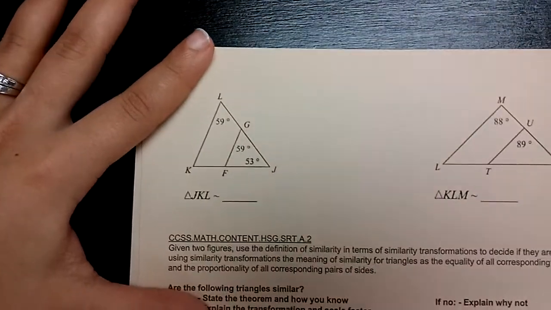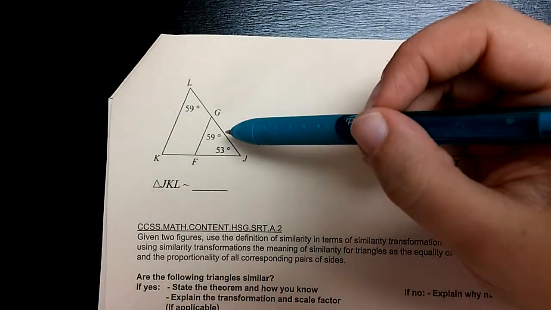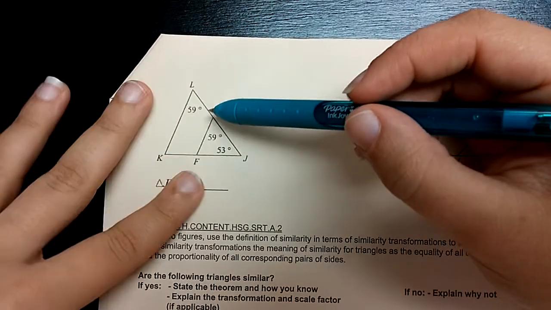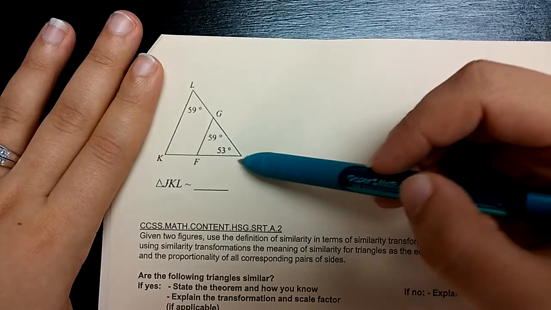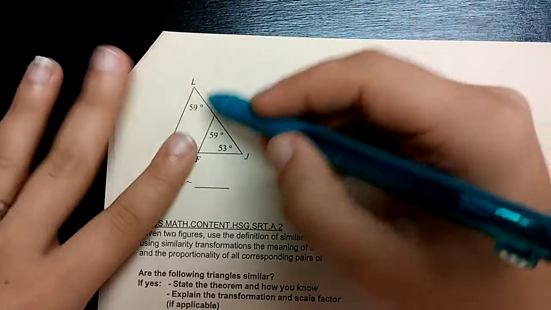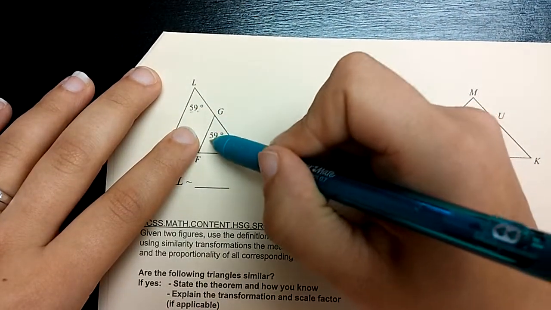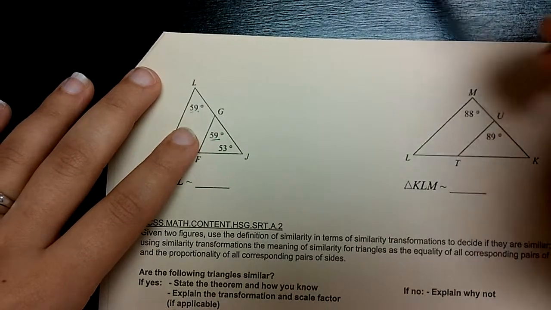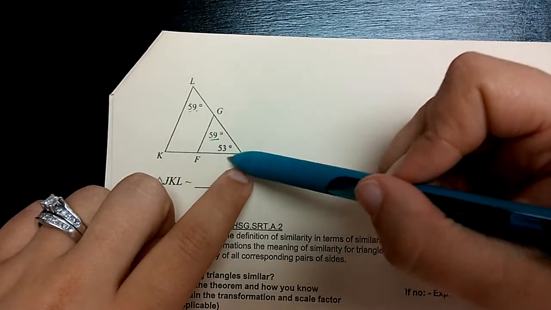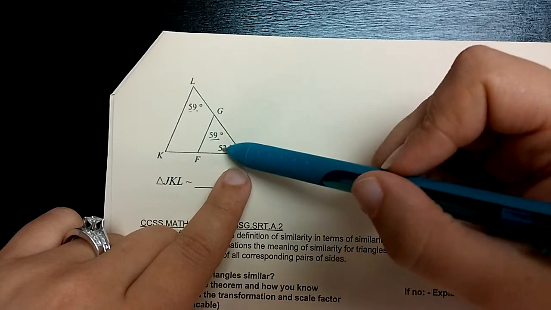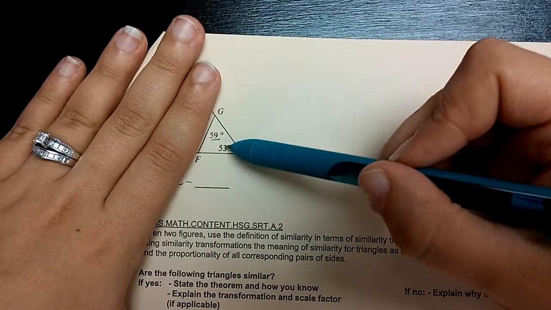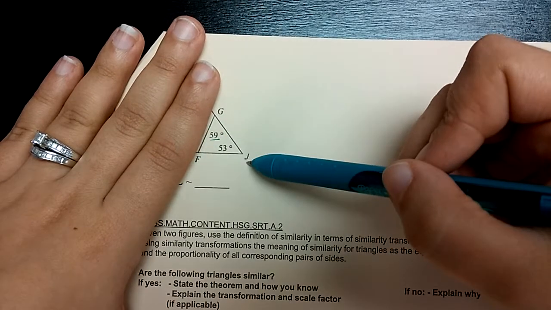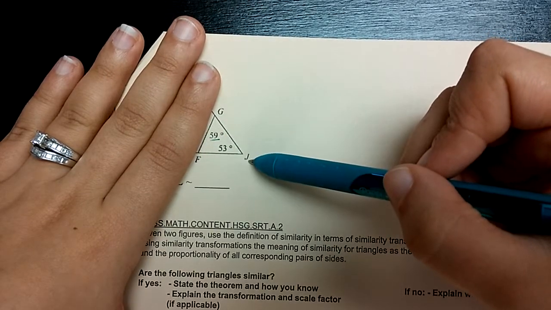Another one that I want to show you is when I have a triangle inside of another triangle. I have a smaller triangle and it's inside of a larger triangle. I noticed that angle L and G are both 59 degrees. And then angle J, they wrote 53, but they only wrote 53 once, so you have to pay close attention, because angle J is part of the smaller triangle, 53 degrees.